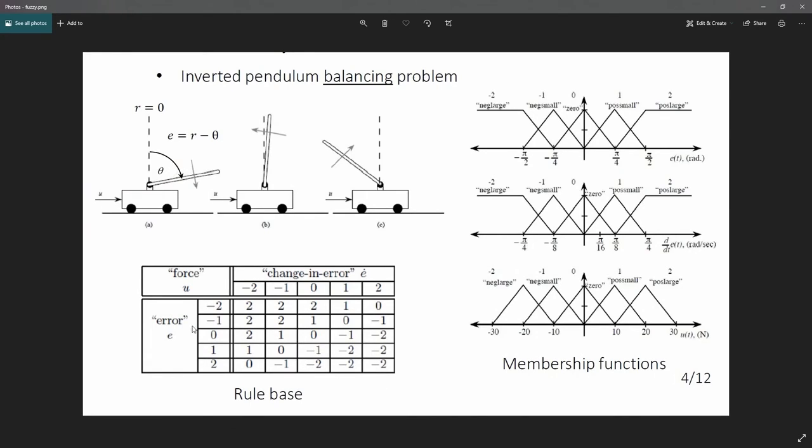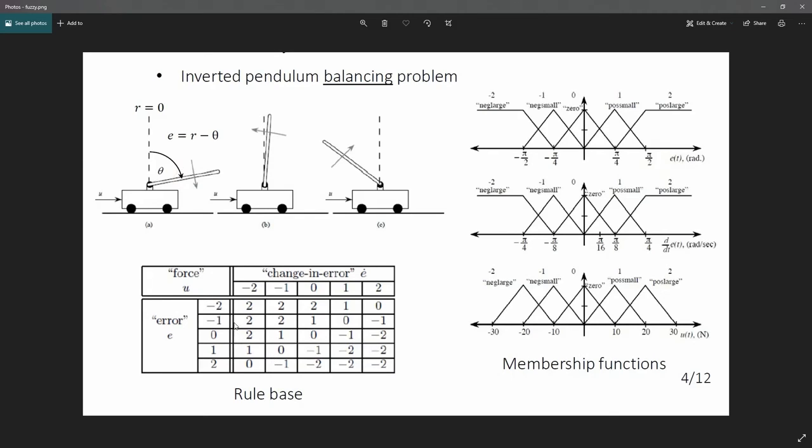There are two events. The first event is error or theta, which is in negative large, negative small, positive small, or positive large. And change in error is error dot, or the derivative of error, which is the omega velocity in the unit of radian per second.